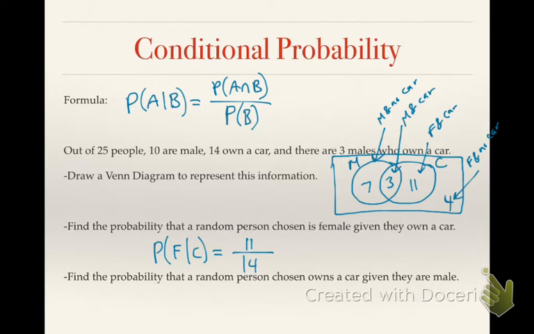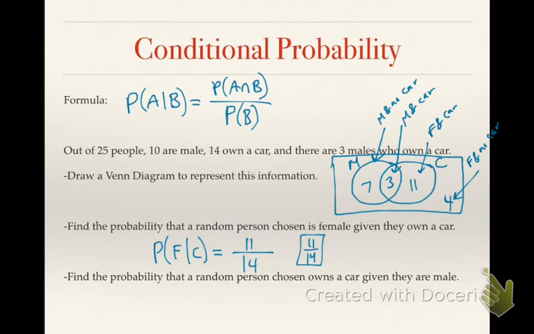Out of the 14 who own a car, the question is which ones of them are female? Well, it's going to be not male, so it's just 11. Now you can write your answer as a fraction, 11 over 14, and I think that's actually preferable. And even if you don't reduce it, that's fine as well, because without reducing has a little more meaning to the context of the situation than reducing it does, I think.